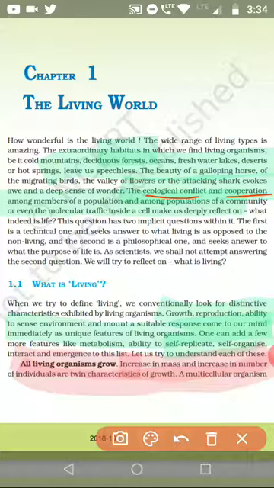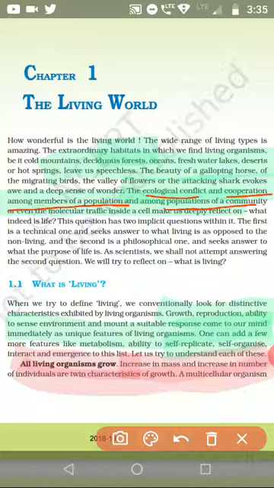And there is also cooperation among the members of a population and among the populations of a community. Suppose there is a population of lions; inside the lion population also, there is conflict and cooperation. And between different populations, like the lion population and the deer population, there is a conflict of hunting and eating the animals.